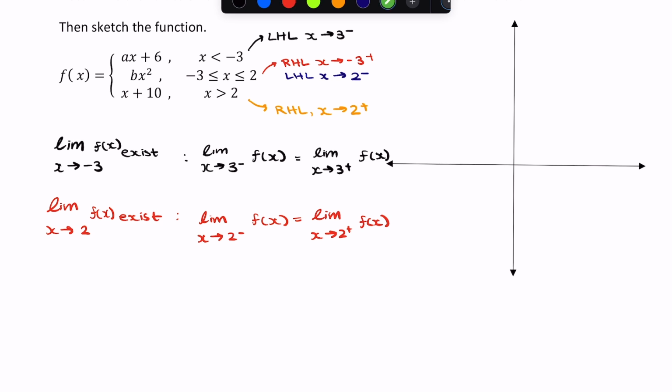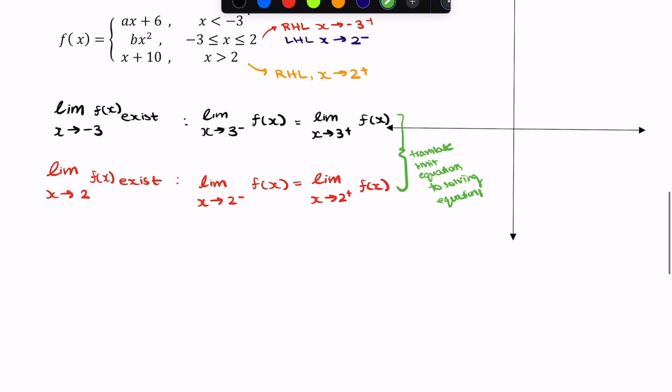And so what we're going to do here is translate limit equations into solving equations. Here we'll write the limit.